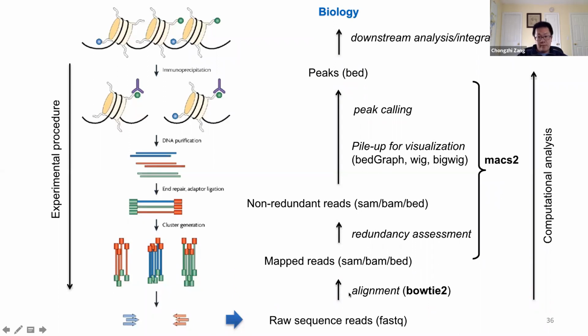In each step, I want to emphasize that quality control is extremely important. Whatever we get using any tool or method, we need to make sure the data actually works well and the quality is good, so that any of the later results we receive will represent biologically meaningful information rather than random noise.